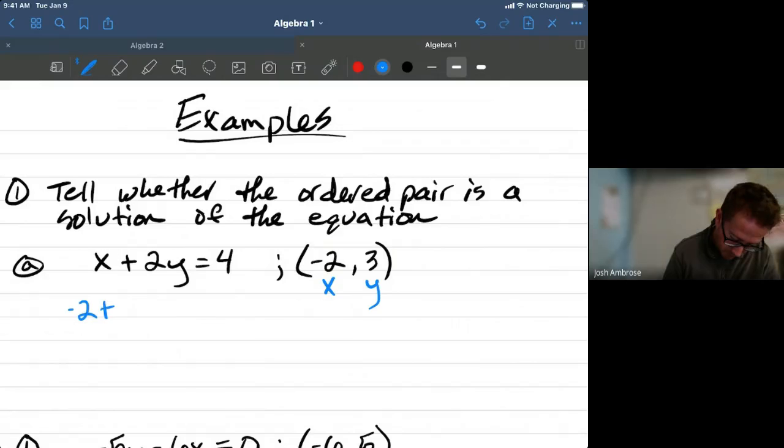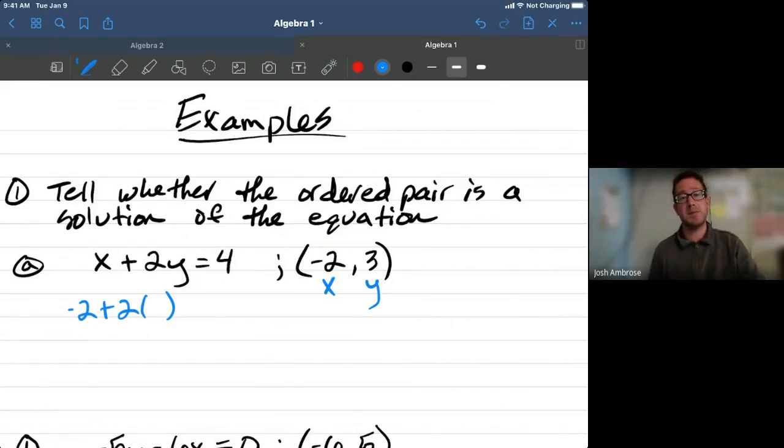-2 plus 2. And we're going to put parentheses in here because we are multiplying, and it's easier. Instead of just putting a dot or a little multiply x, put it in parentheses. That's the way you have to start writing these. Plug that 3 in right there, equals 4. Now, let's figure out that left-hand side. We need to determine if it is a true statement.